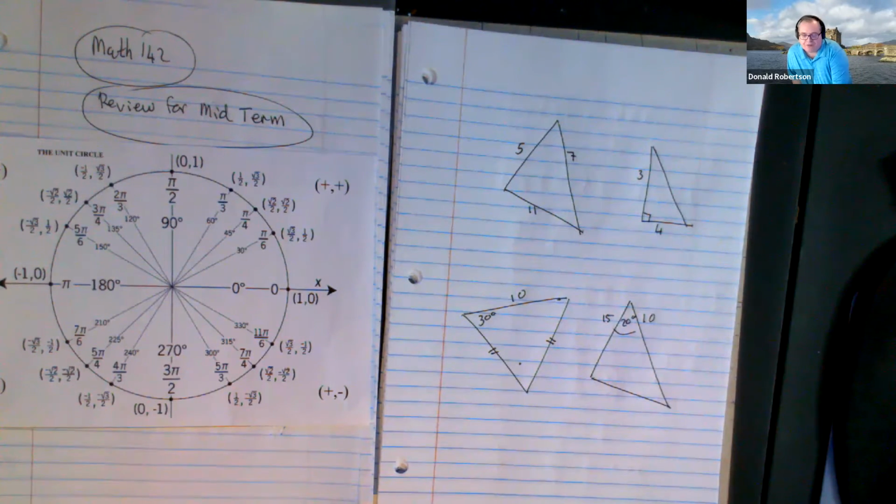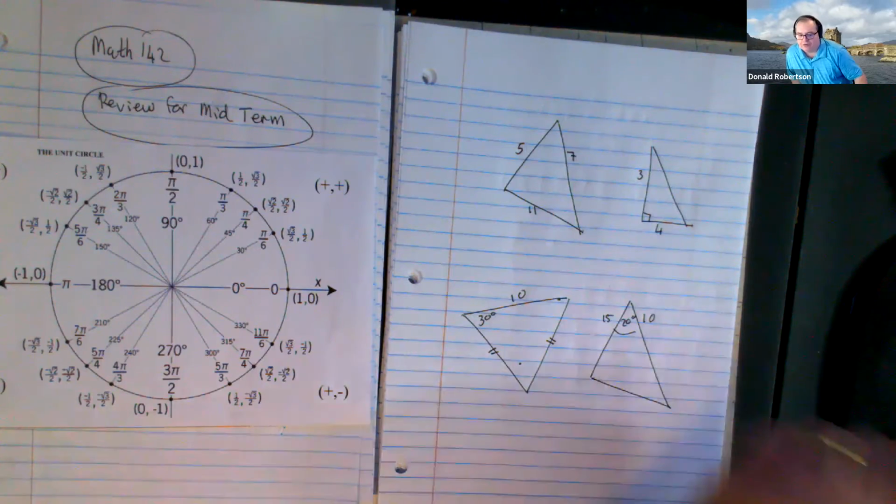Just some triangles that come into my head, and very often what you get in these questions is they ask you to find all the missing sides or angles, or maybe just one particular one, right? That's more likely, right? So let's look at this first triangle.